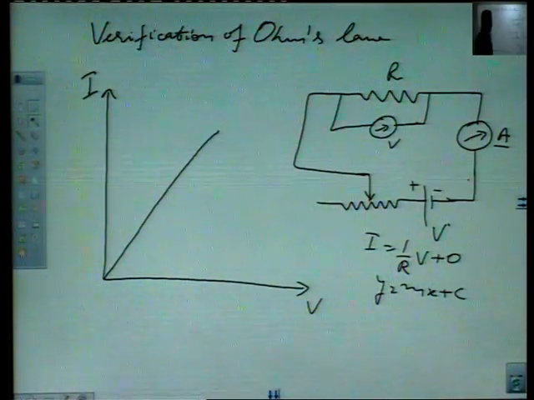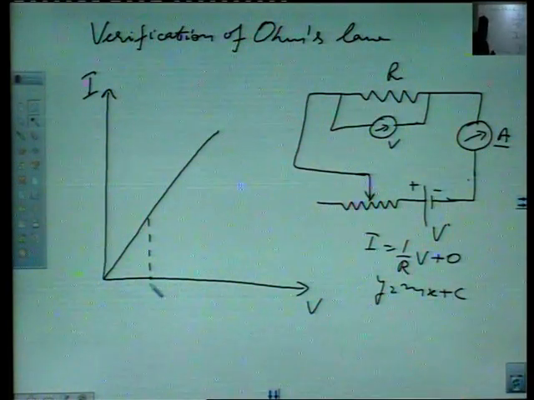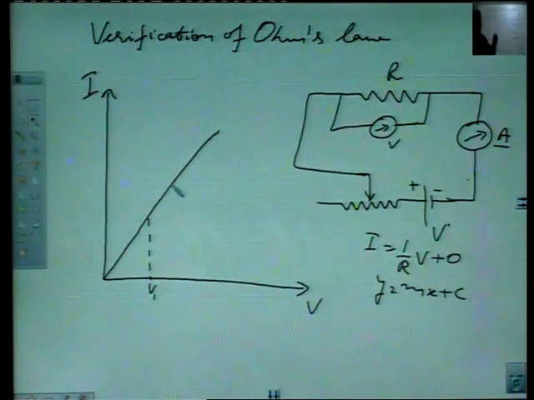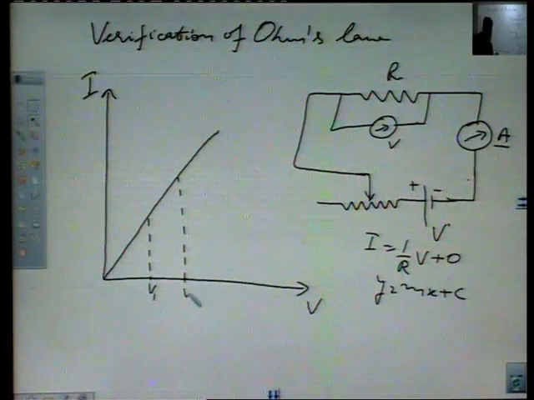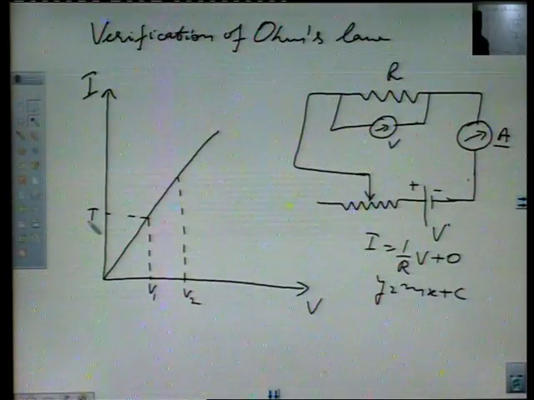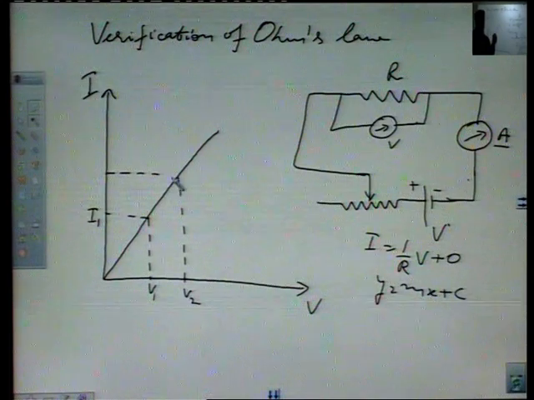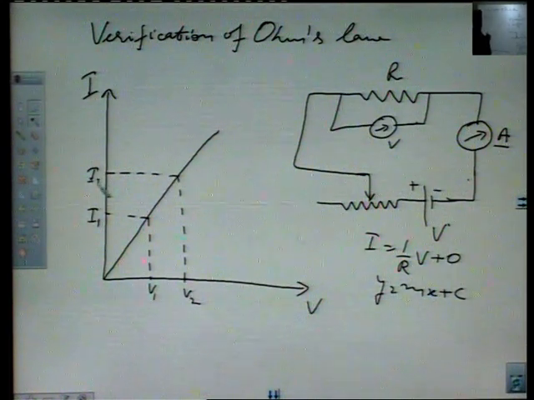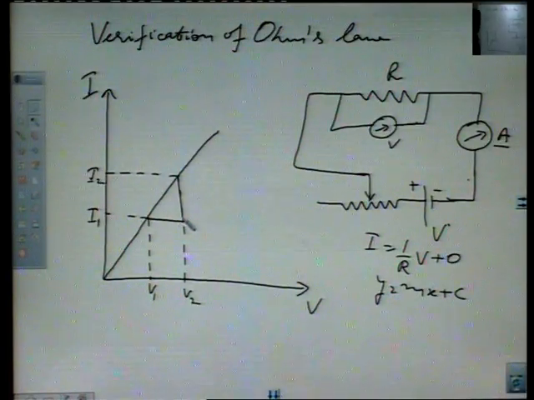With the slope of this graph, how will you find the slope? Take one of the values as V1, some other value of voltage as V2, and note down the corresponding currents I1 and I2. So, the slope is the tangent of the angle made by the line with the x axis. How much is this side?